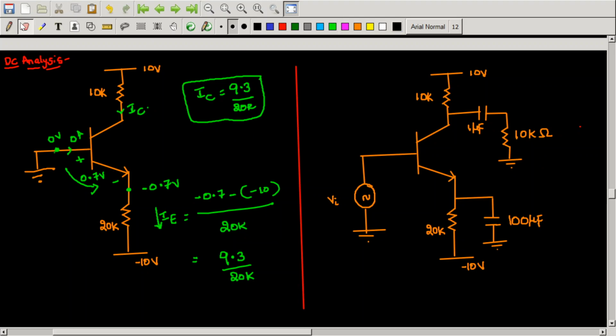So this is done, but let me ask you one simple question. Suppose there is no negative power supply attached to this. I simply grounded this. Now what will be the current IE? It will be simply minus 0.7 minus 0 volts by 20k, because this is grounded, right? So it will be simply minus 0.7 by 20k. Can you observe this answer is negative?